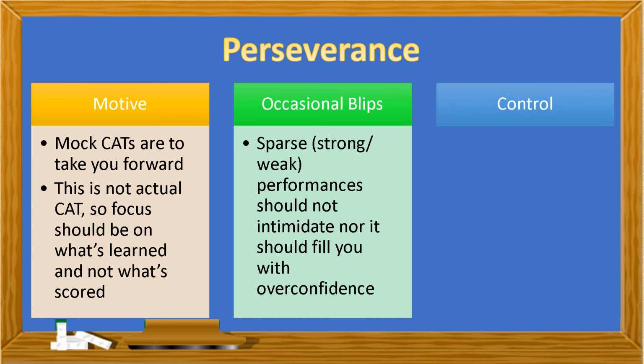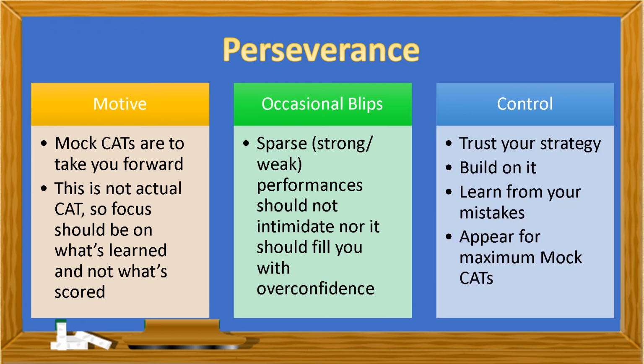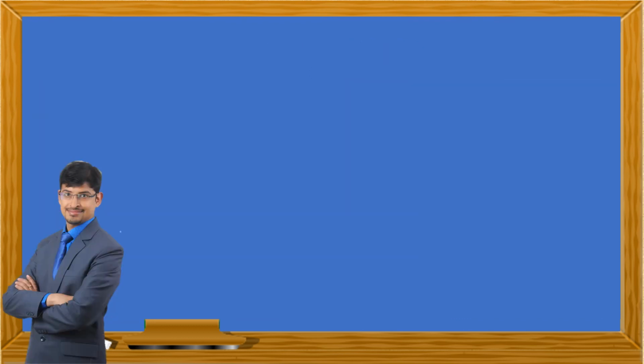Which brings us to the control section. Controlling means comparing what is planned with what is achieved. So, trust the strategy that you have built, learn from your mistakes, and always remember, maximum number of mock CATs will prepare you in the best possible manner for your actual CAT. So appear for maximum number of mock CATs.